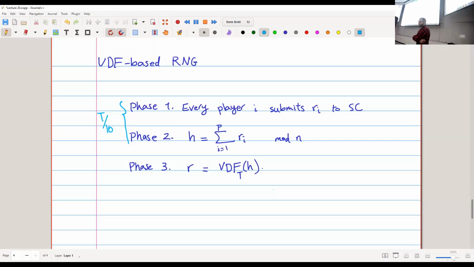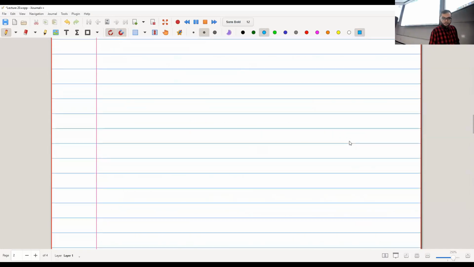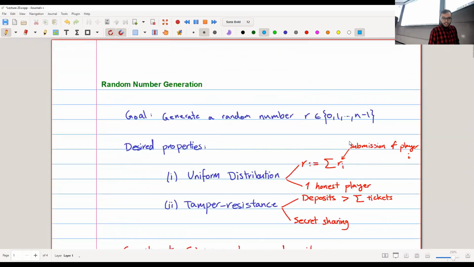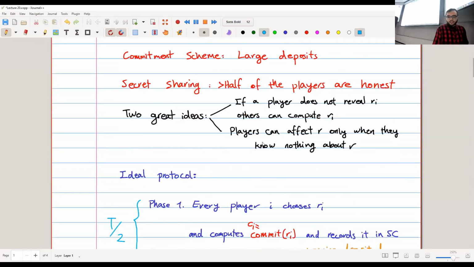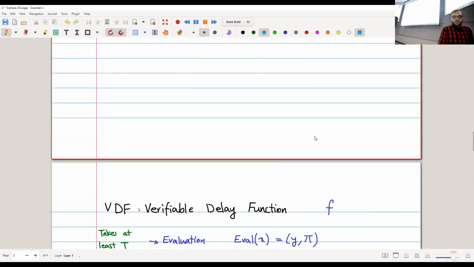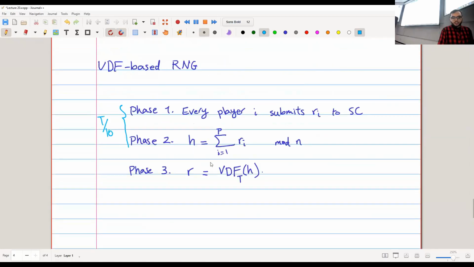This works because of our second great idea that we had here. Our second great idea was that players can affect R only when they know nothing about R. So how can my players affect the value of R? They can affect it by their choice of RI, but they're choosing their RI in phase 1.